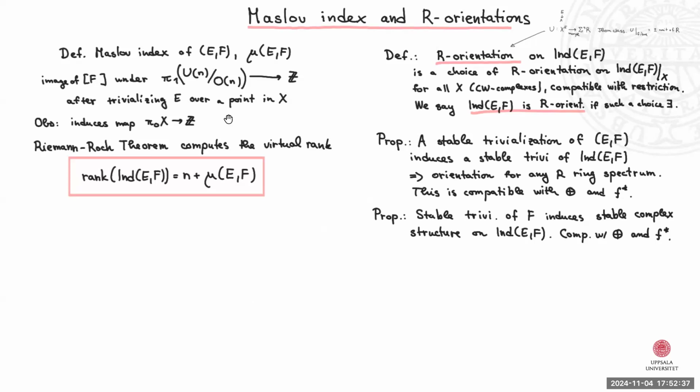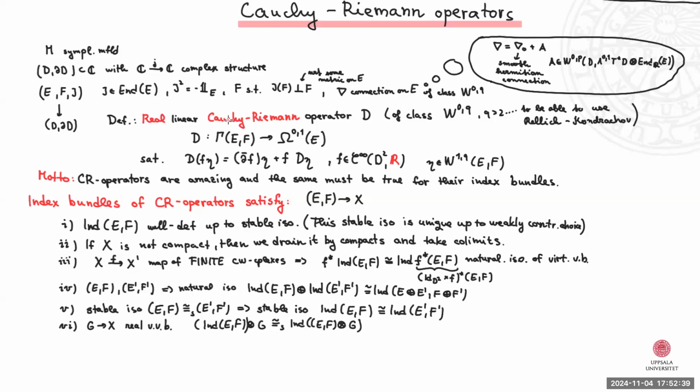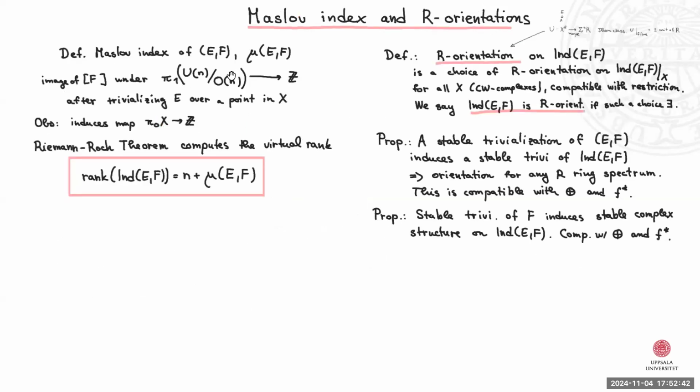So let me say the following thing. These index bundles of Cauchy-Riemann operators are so nice that we can actually compute their virtual rank, and that we can compute from a Riemann-Roch theorem. So there you see that the virtual rank is n plus some number, and this number is called the Maslov index, and it somehow records how your totally real bundle twists along the boundary of your domain.